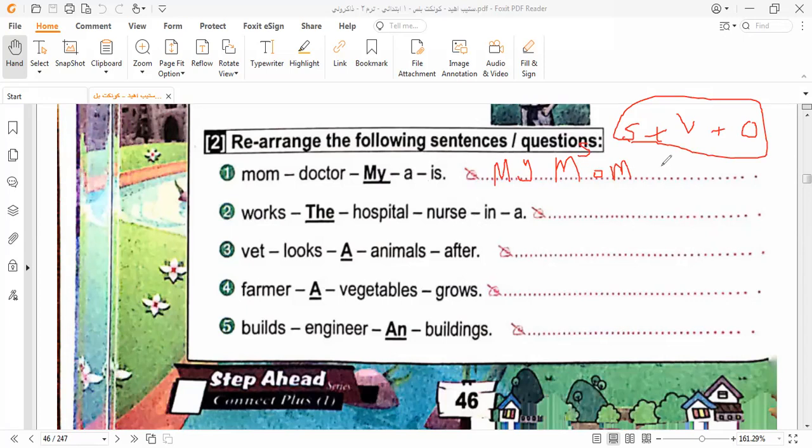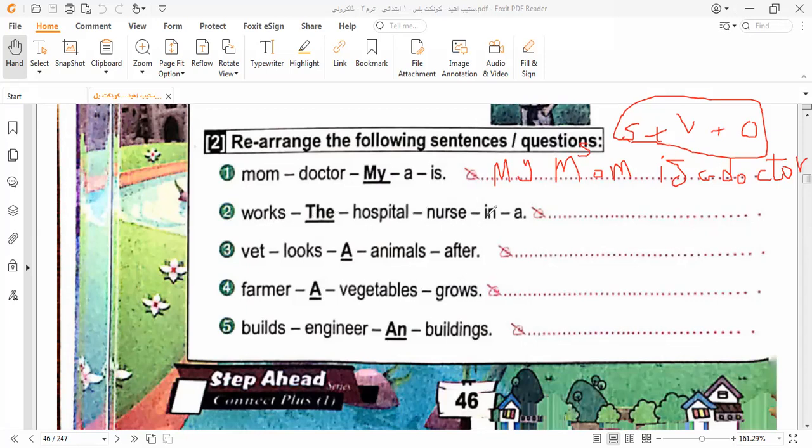My mom is a doctor. If you write this rule, you can't have misunderstanding about this, okay? You must write this rule to answer these questions correctly. My mom is a doctor.